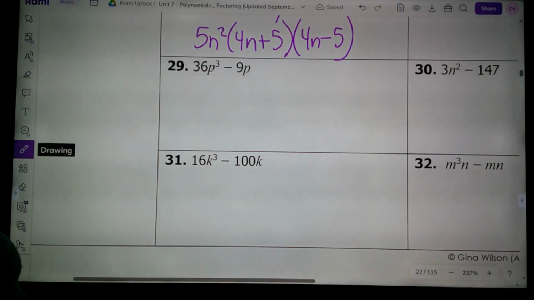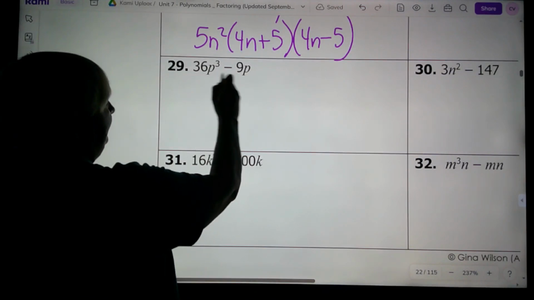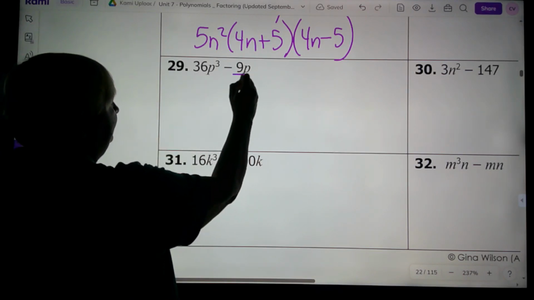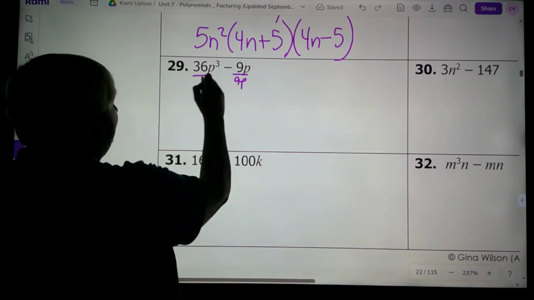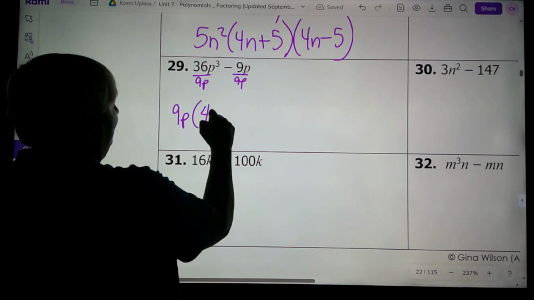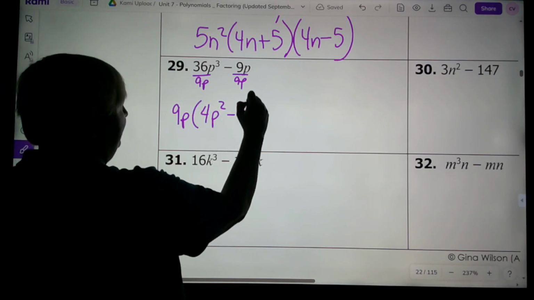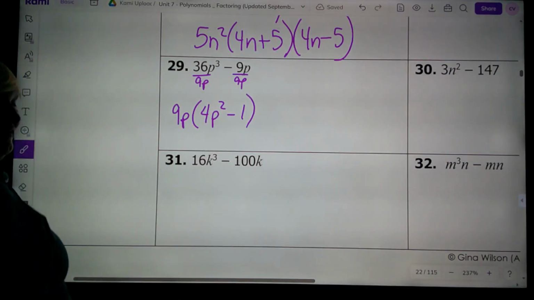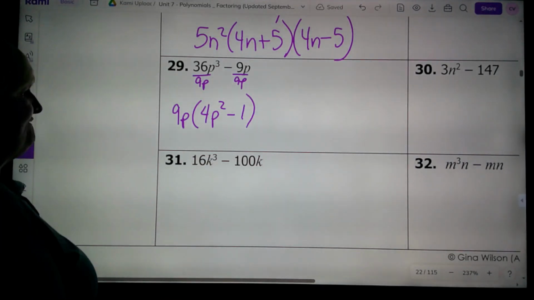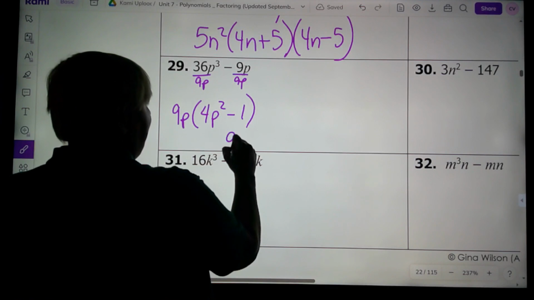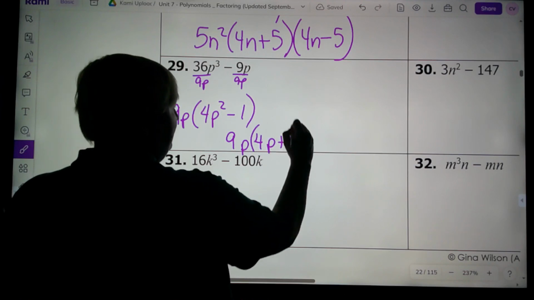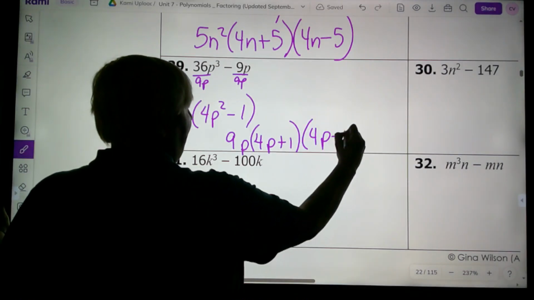2 more. We got this. All right. They both have at least one p. Both can be divided by 9. So let's divide by 9p. If I divide by 9p, I'm left with 4p squared minus 1. Squared, squared. 1 is a perfect square because 1 times 1 is 1. So that leaves us with 9p times 4p plus 1 times 4p minus 1.